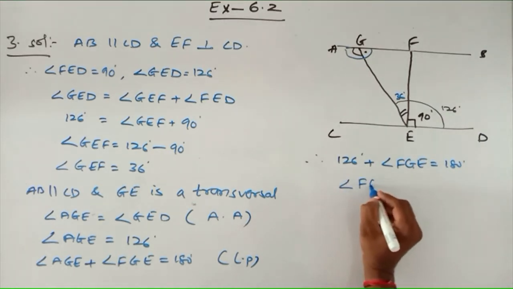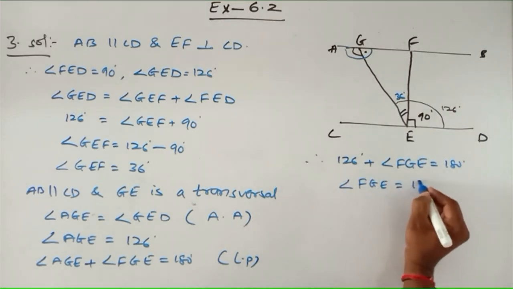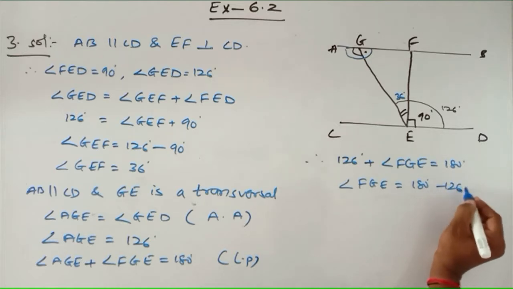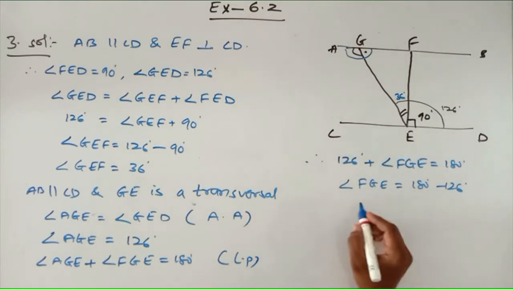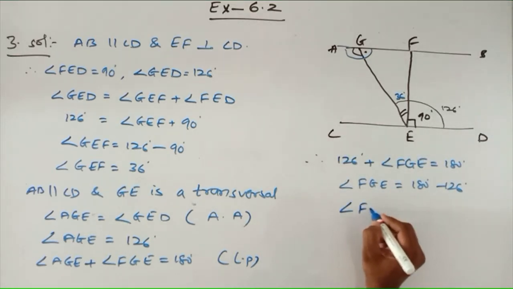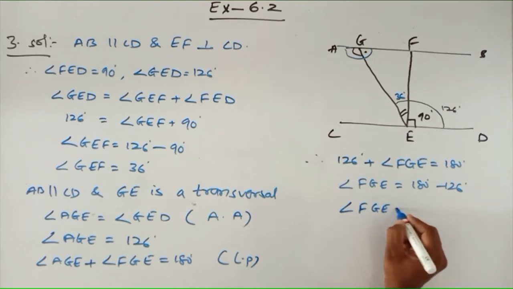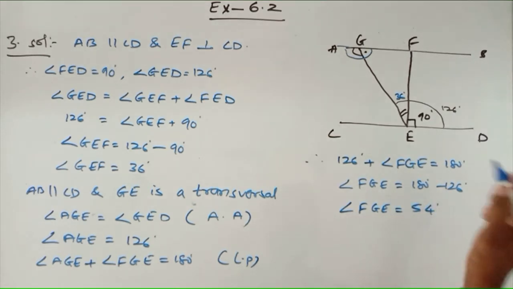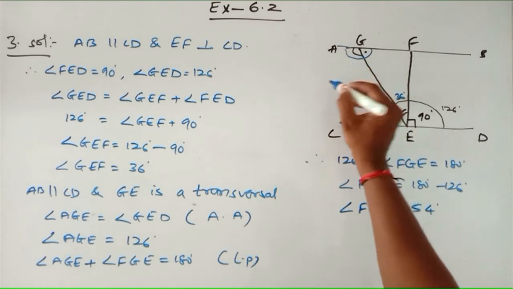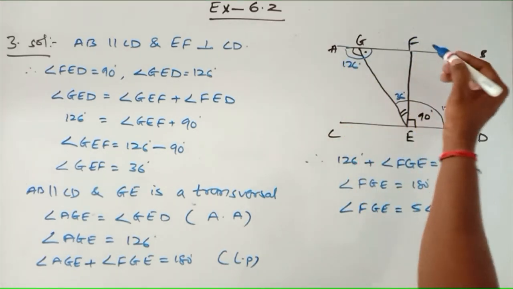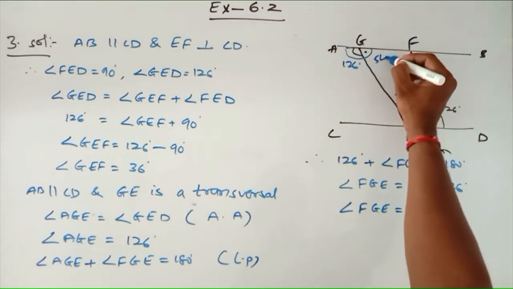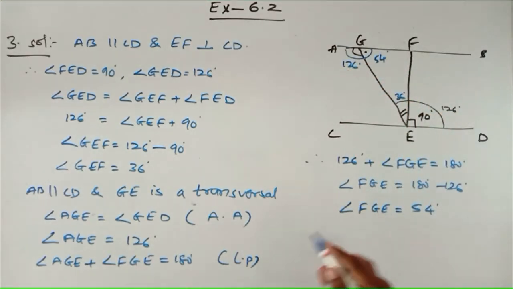Angle FGE is equal to 180 minus 126, taking 126 to the right side. That is equal to 54 degrees. Now I got all the three values.